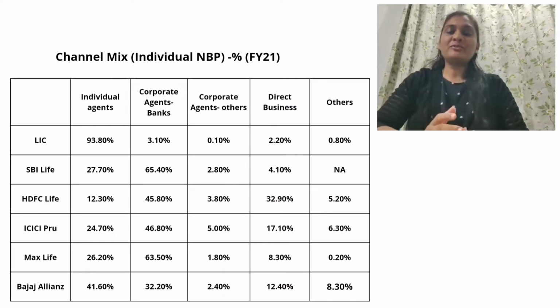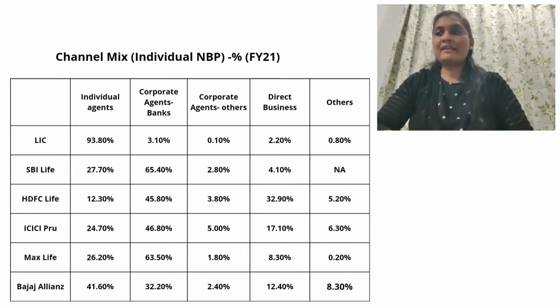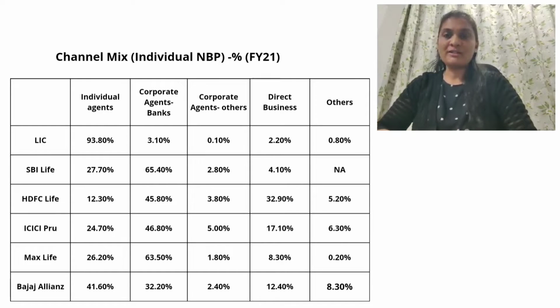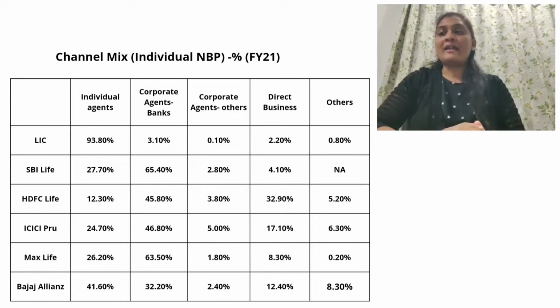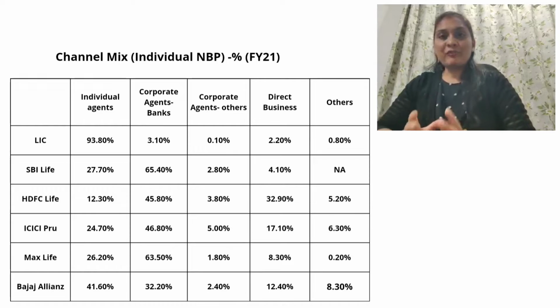Now discussing the multi-channel distribution networks of insurance companies, we can see that the multi-channel distribution network comprises individual agents, banks, then direct business and others. So LIC's network of agents is very strong when compared to its peer set of private insurance companies operating in India, and about 94% of the new business premium that is generated is contributed by agents.